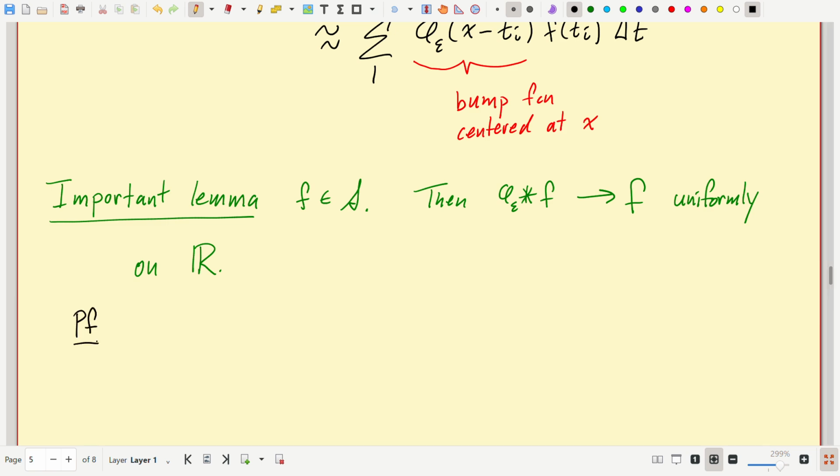When I made that bump into a good kernel, we did this. I showed it converged pointwise, but when the thing is a Schwartz function, it's easy to see that the pointwise convergence is uniform on the whole real line. So we did this earlier in the semester, using the good kernel argument.